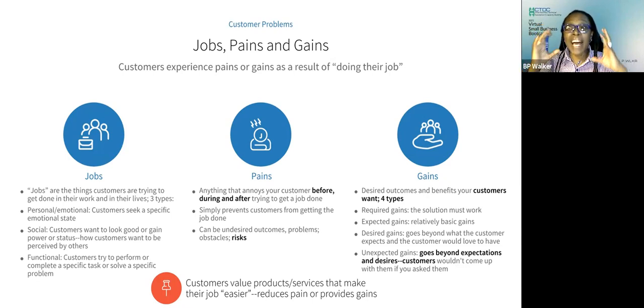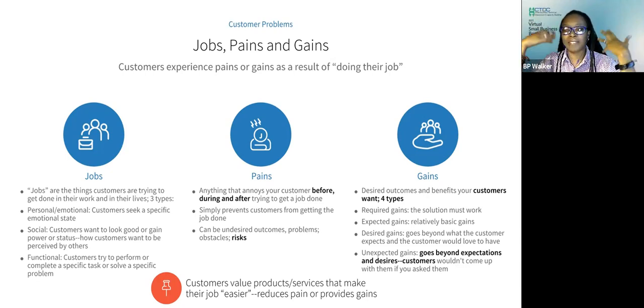So you've got a lot to tap into when you're trying to develop the value proposition. That's going to drive all your marketing. So you've got to be thinking about how I illustrate to my customer that I understand their job of doing their hair, and I understand the pain that they're going through to get their hair done.